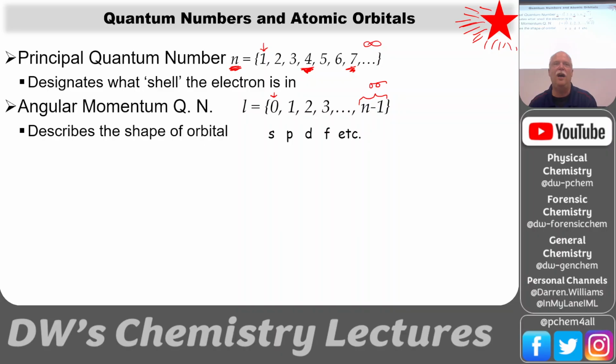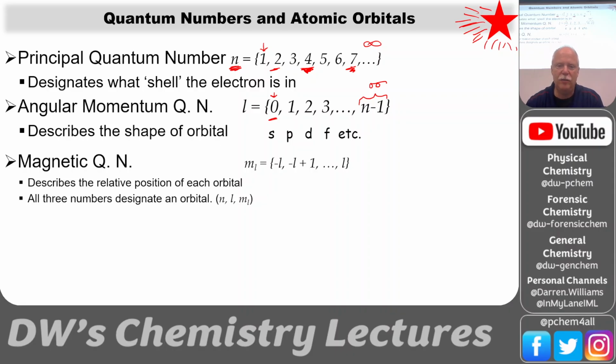Instead of having a 1-0 orbital, we would have a 1s or a 2s, something like that. Instead of using numbers, we would use a number and a letter to keep track of that. Okay, so we could have a 2-0 orbital. A 2-0 orbital would be a 2s orbital.